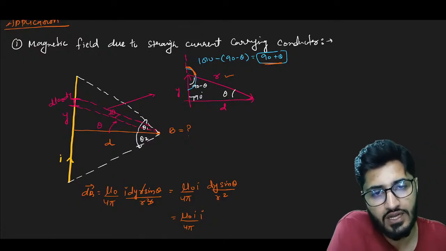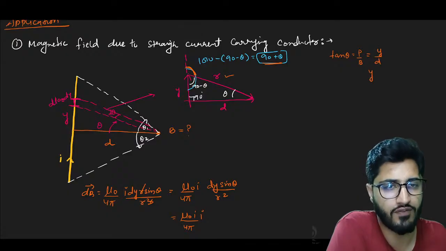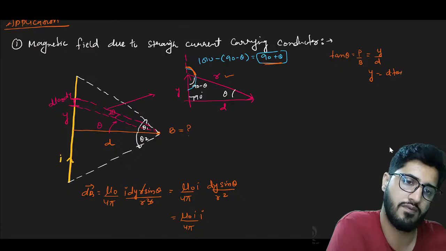Here, can I write tan theta? Perpendicular by base. What is perpendicular? It is y. Base is d. So what will be y? y will be d tan theta.